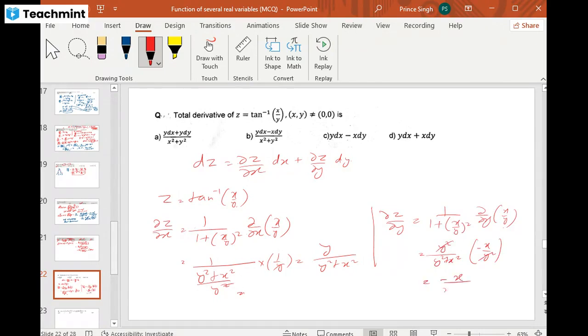This is minus x upon x square plus y square. If we substitute here, this is y upon x square plus y square dx minus x upon x square plus y square dy. So basically this is y dx minus x dy upon x square plus y square.